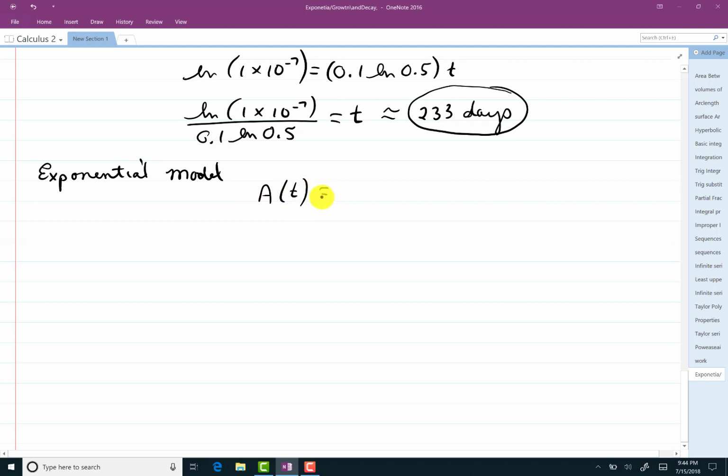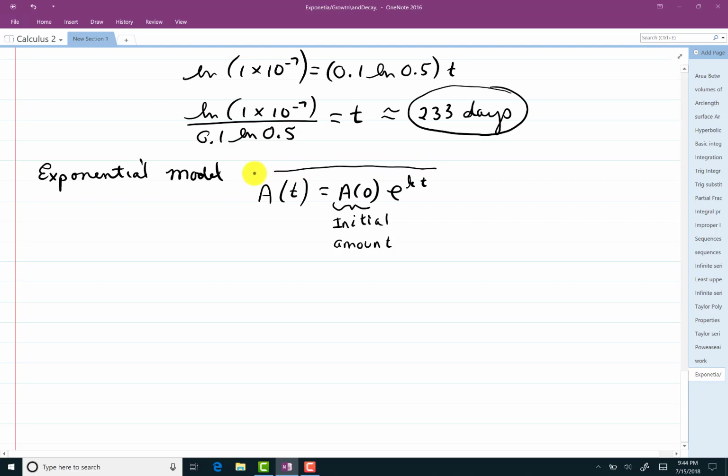And instead of a c e to the kt, I'm going to write an A of 0 e to the kt. What they call this amount here is the initial quantity. Or initial value, whatever you want to call it.